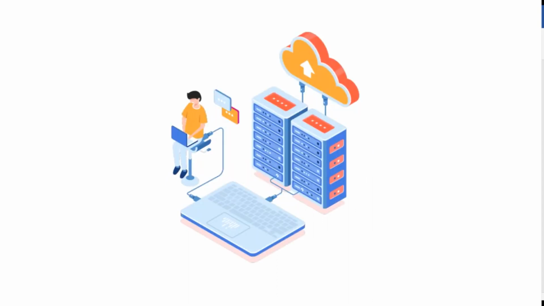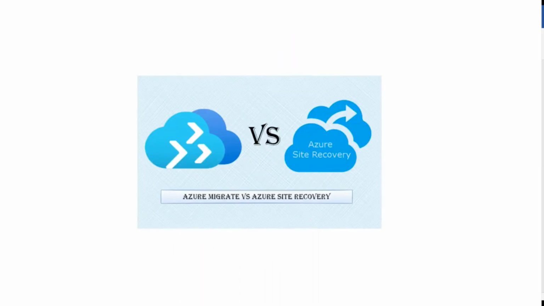One more important thing is that this technology provides an orchestrated model for replication, so operational cost is also very minimal. In this regard, Azure offers two major tools for this purpose. The first one is Azure Migrate, while number two is Azure Site Recovery, which is known as ASR. In coming episodes, we will get detailed concepts about these two major tools on the platform of Microsoft Azure. So let's move on to the next episode.